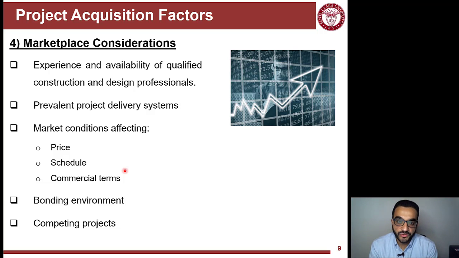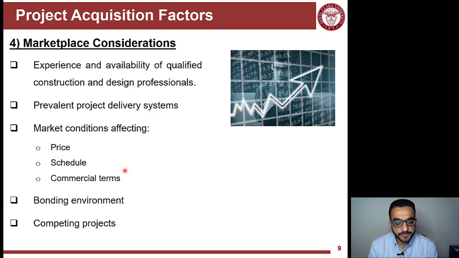The bonding environment is another thing. Bonding is something we'll learn about when you learn about bidding. But bonding is a guarantee that a surety company will guarantee that one party in a contract will fulfill the requirements. So a surety company can provide surety to the owner that contractors will do the job and finish the project.